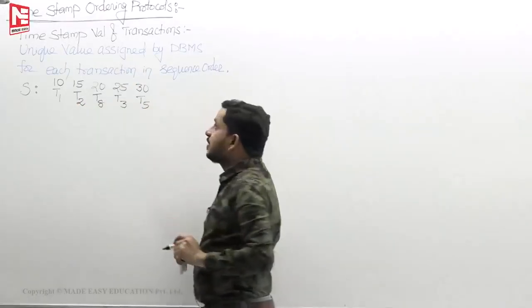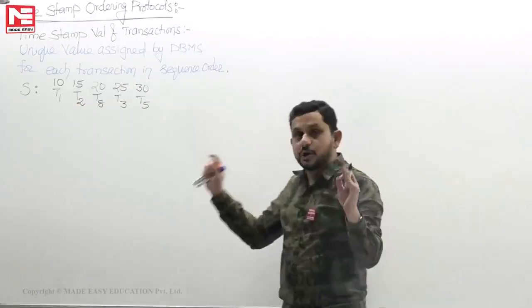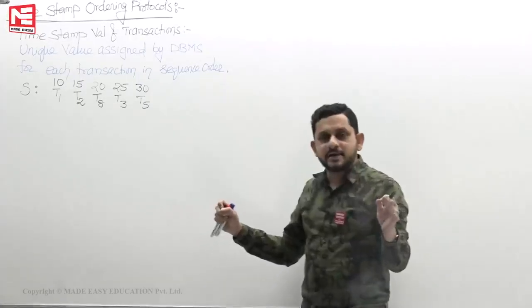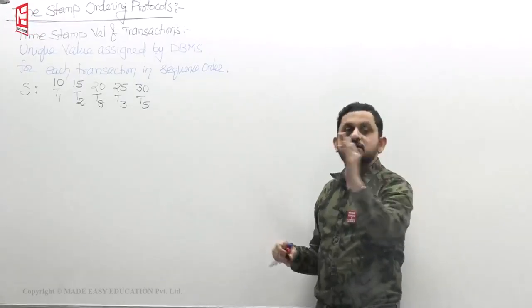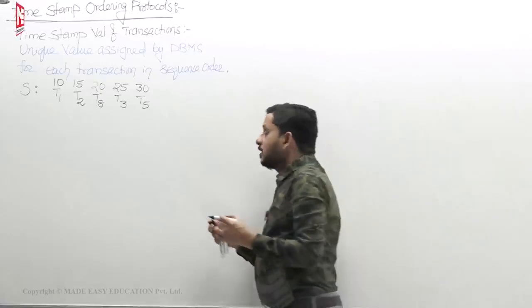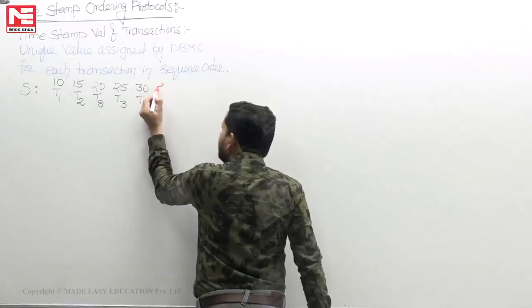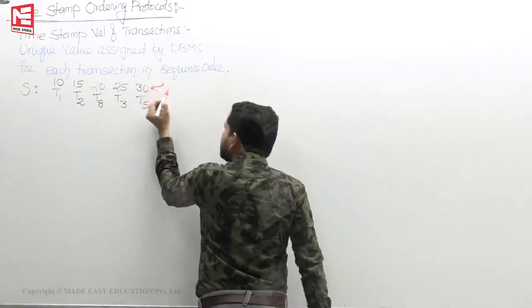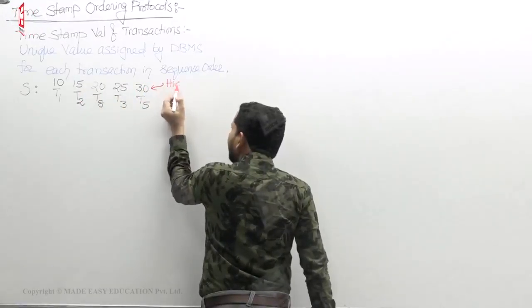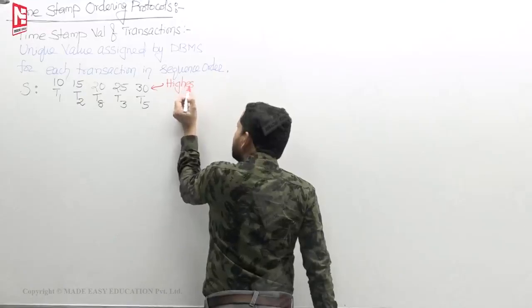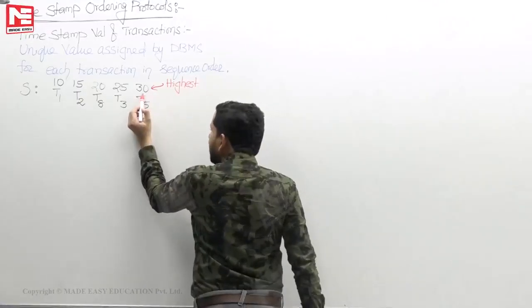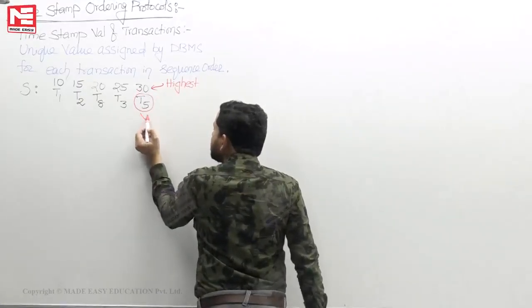Now read the definition. Timestamp value is a unique value assigned by DBMS for each transaction in one sequence order. The transaction with the highest timestamp value in the schedule is the youngest transaction in the schedule.